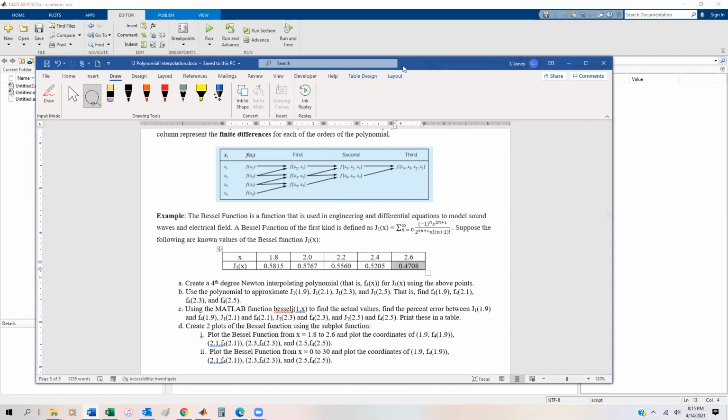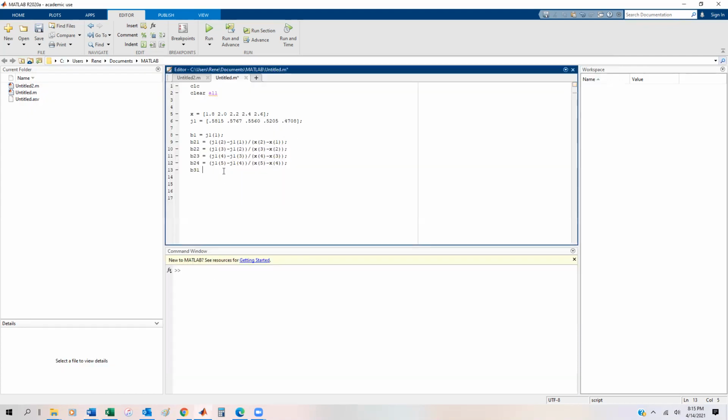So for B31, I'm just going to take B22, which was our second secant, minus B21, which was our first secant, and I'm going to divide that by x3 minus x1. And just like before, I'm just going to copy and paste these.